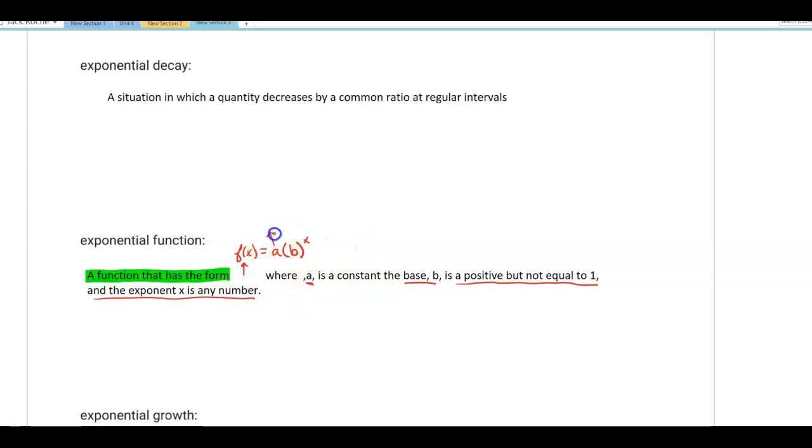We call a basically the initial amount, and we call b the rate of growth. And with this, x represents any number.